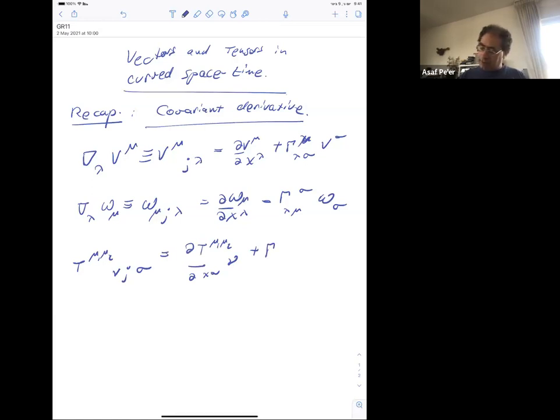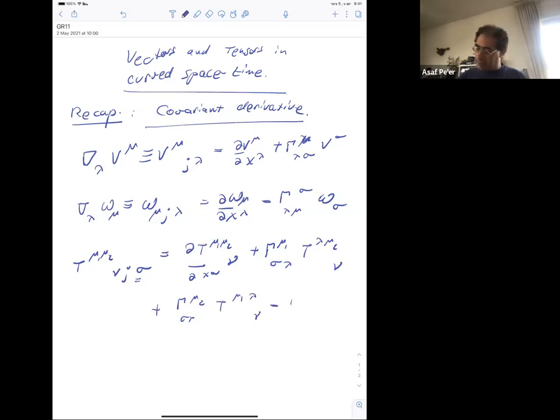The first index will go into the gamma, mu1, and then the index of the derivative will also go into the gamma, so that's a sigma, and then the third will be a dummy index. And then T, where the first index that went into the gamma is replaced with the dummy index lambda, mu2, and nu. And then plus, of course, the same, gamma mu2 sigma lambda, T mu1 lambda nu.